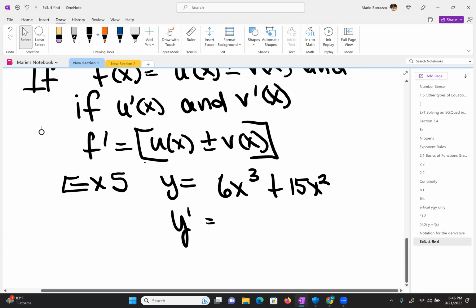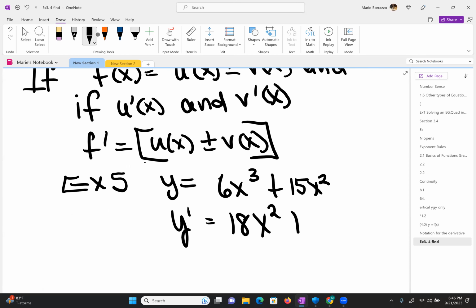And this is a sum because we're adding. So this would become 18x squared plus 30x. If you remember, you multiply 3 times 6 to get 18, and then you take away 1 from the exponent. Same thing here, you multiply 2 times 15 to get 30, and then take away 1 from the exponent. You end up with 30x to the first power. And that was example A.